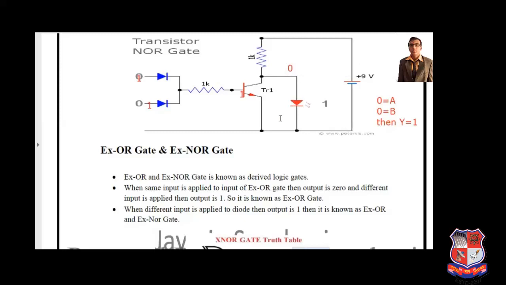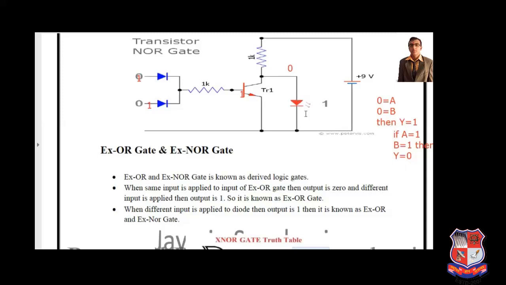Simply remember this. If voltage here is 0 the LED will not turn on. That's why if A equal to 1, B equal to 1, then Y equal to 0. So it is the combination of NOR gate.